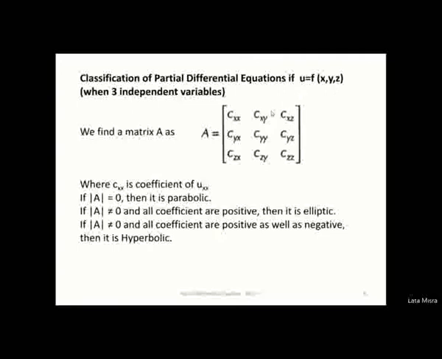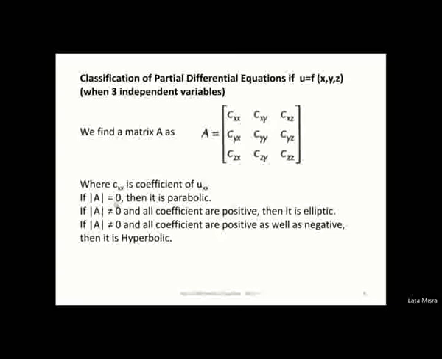We write the coefficient matrix as A equals cxx, cxy, cxz, where cxx is the coefficient of del 2u upon del x squared, cxy is the coefficient of del 2u upon del x del y, cxz is the coefficient of del 2u upon del x del z. Similarly, we find the other coefficients and write the coefficient matrix, and we find the determinant of this matrix.